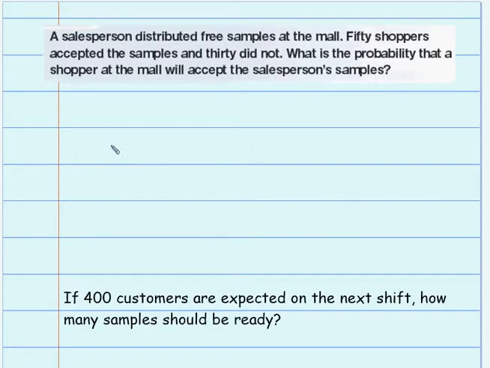Okay, a salesperson distributed free samples at the mall. 50 shoppers accepted the samples and 30 did not. What is the probability that a shopper at the mall will accept the salesperson's samples? So remember, it's the favorable outcomes, so we want that they will accept. So how many accepted? Accept over attempts or trials, or in this case customers.